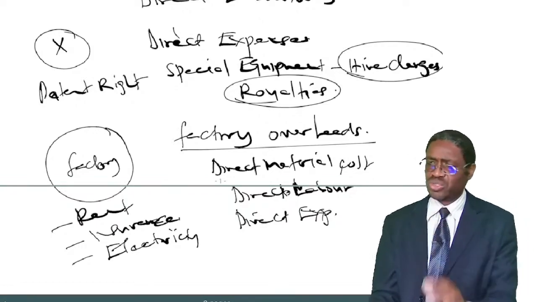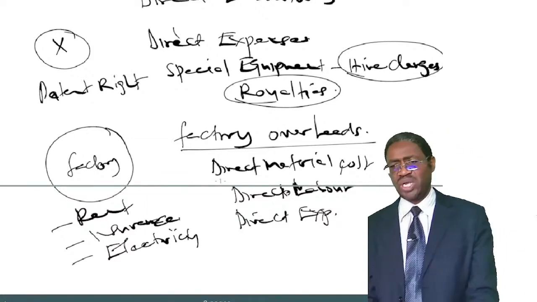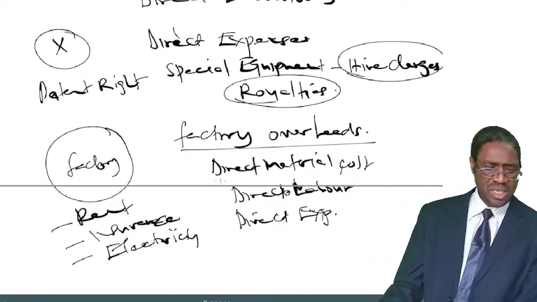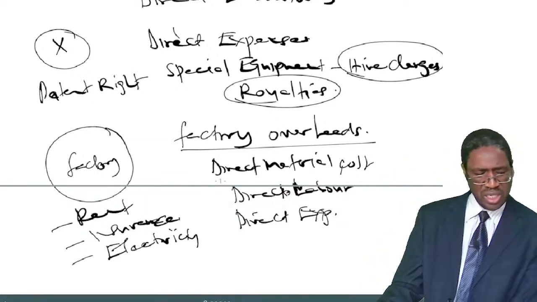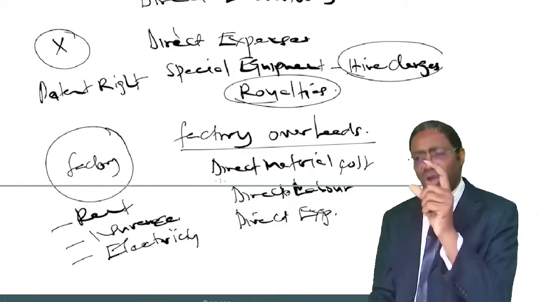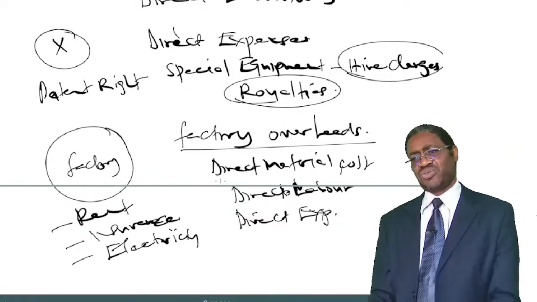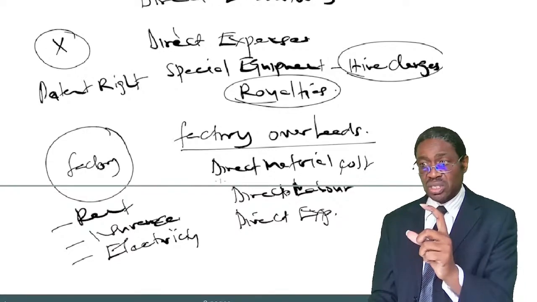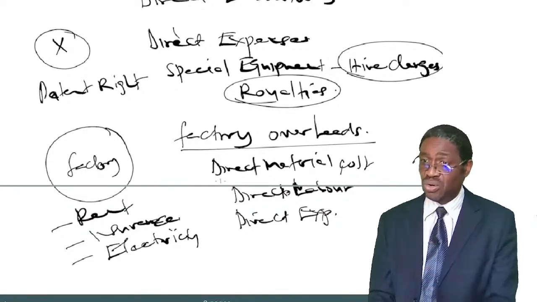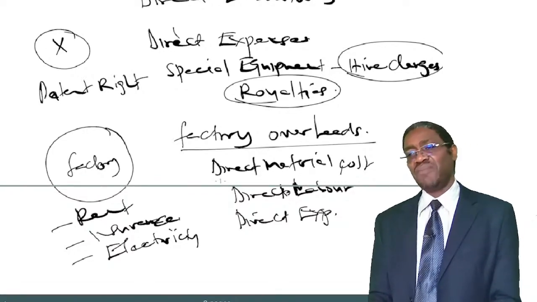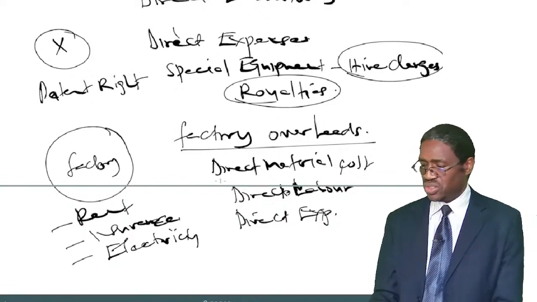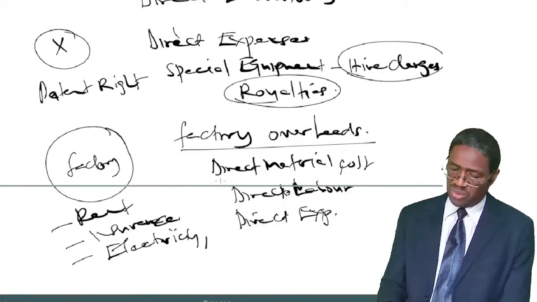We shall come across many others in a short while. And we are saying any other cost incurred within the factory, but not a direct material cost, not a direct labor, not a direct expense. That's what we are saying.